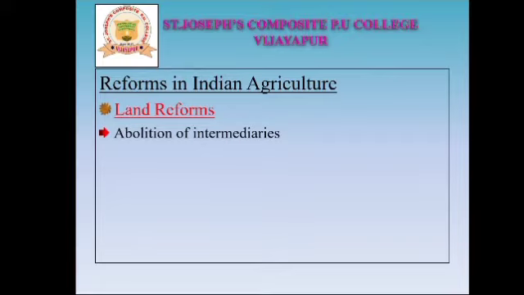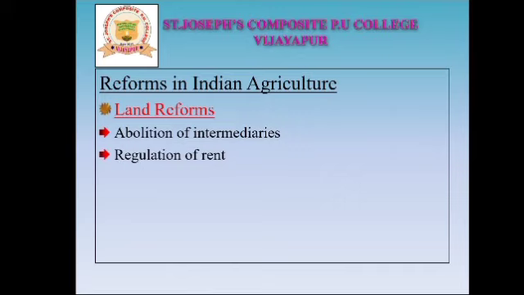These zamindars exploited a lot and they collected every income in the form of rent from the farmers, and they did not help the farmers at all. So in order to uplift the agriculture sector, we made the land reforms. According to this, the intermediaries or middlemen, the zamindar system, was abolished.